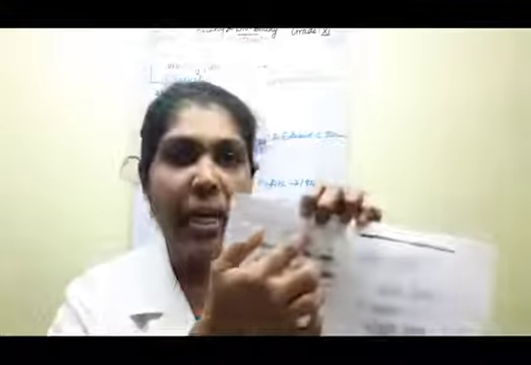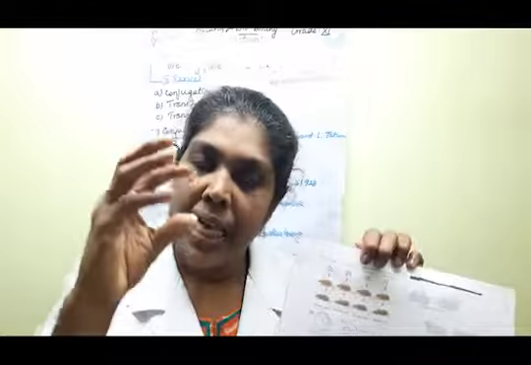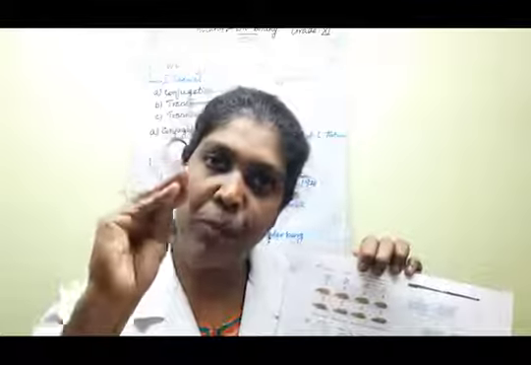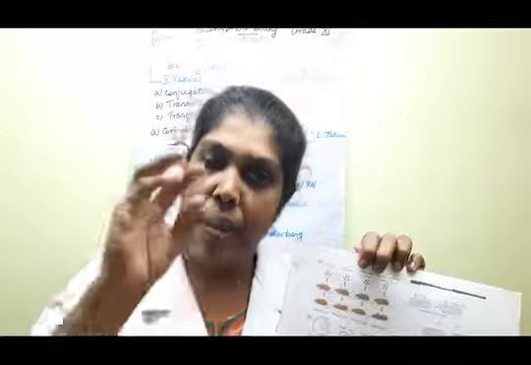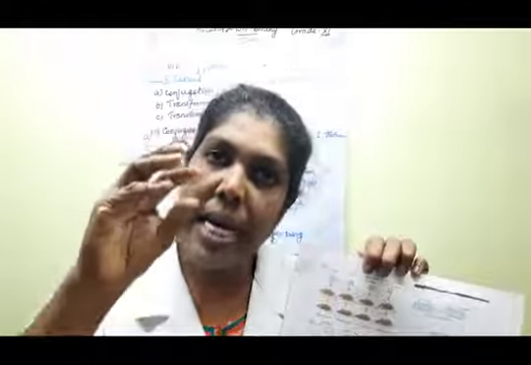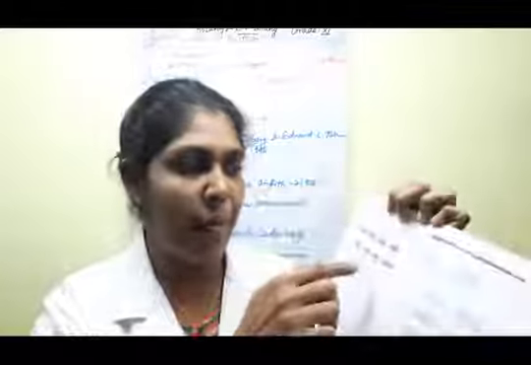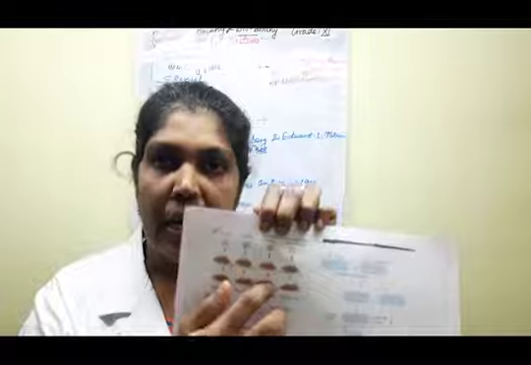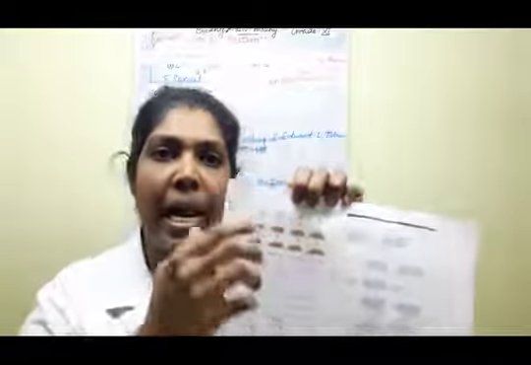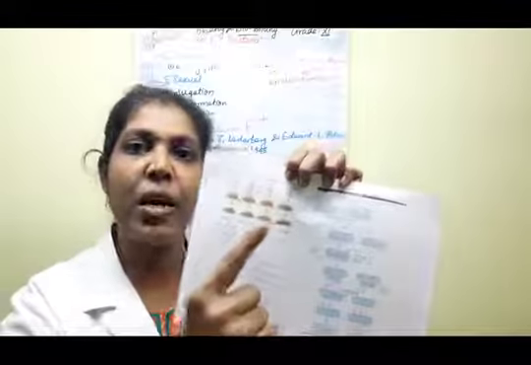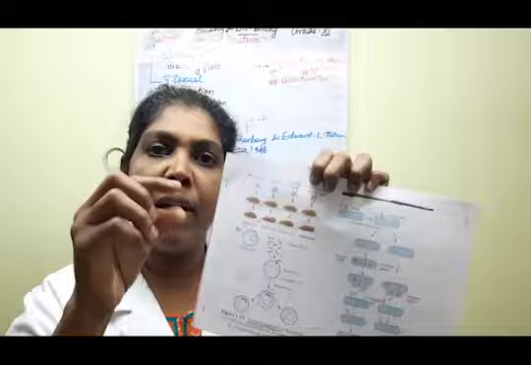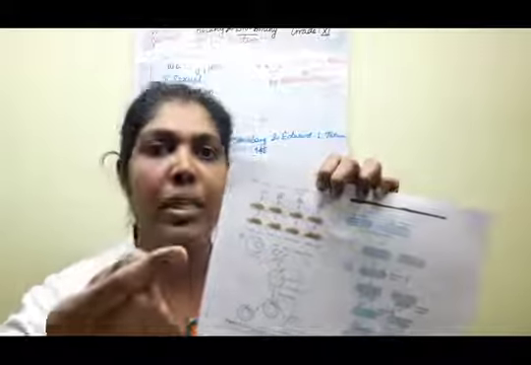The heat-killed S type means denaturing the protein of the bacterial cell, but its DNA remains active. Clear? When this strain is injected into the mouse, the mouse is not going to die, so it lives. Clear, children?